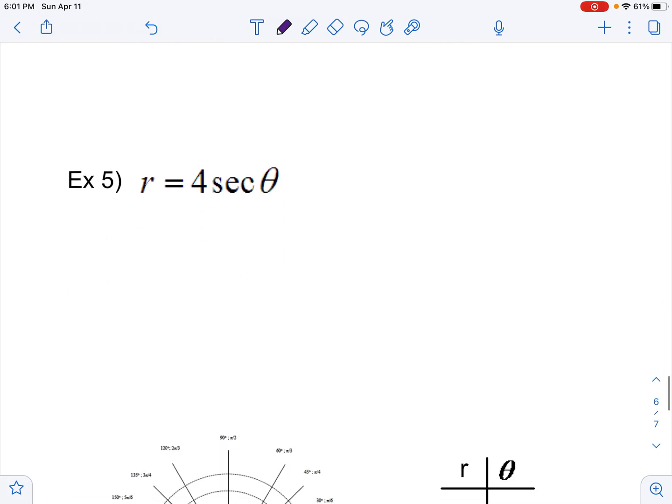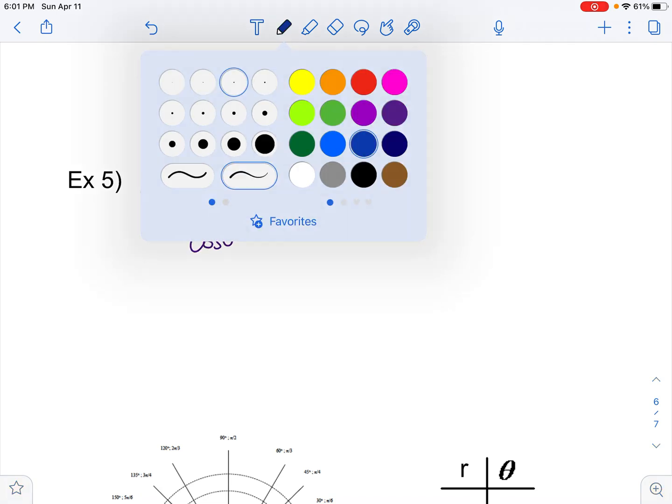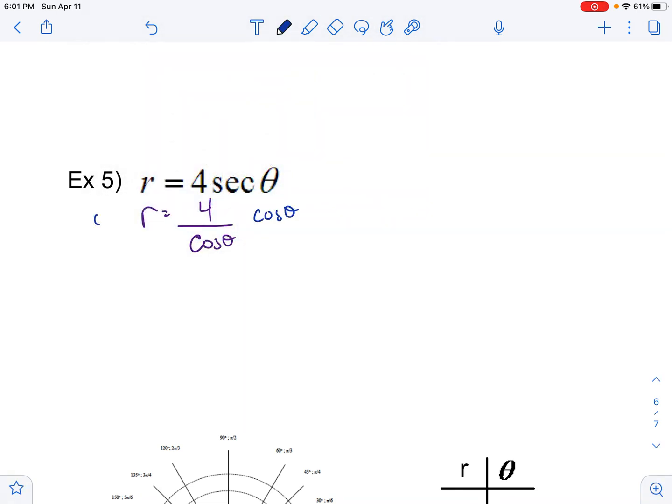All right, if I try r equals 4 secant theta, again, this is r equals 4 over cosine theta. So now it kind of looks like that last one. If I multiply both sides by cosine theta, that gives me r cosine theta equal to 4.